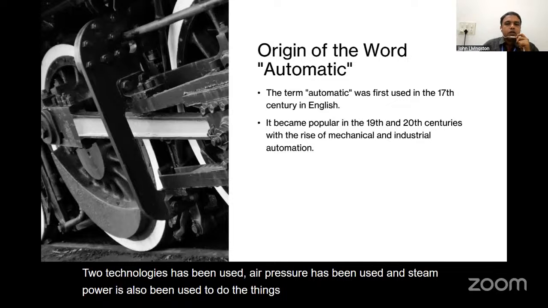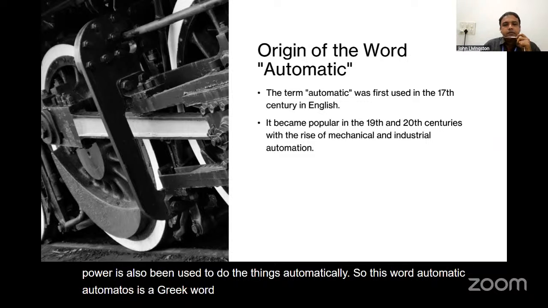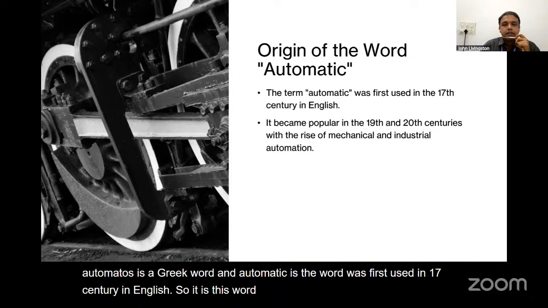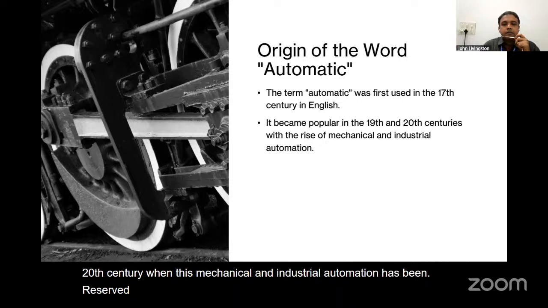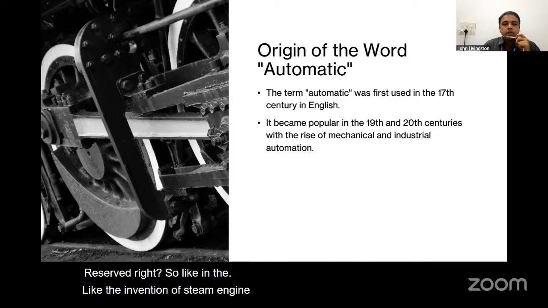The word automatic, from the Greek automatos, was first used in English in the 17th century. It became very popular in the 19th and 20th centuries when mechanical and industrial automation rose, like the invention of the steam engine.